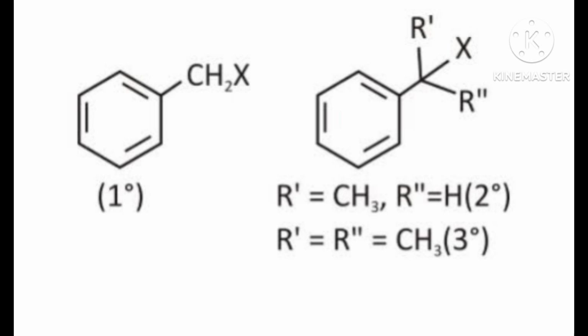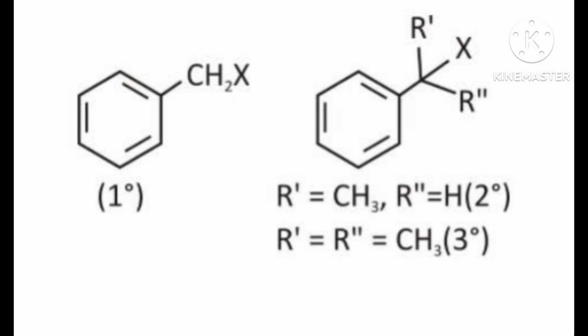And now out of these hydrogens, suppose one is replaced by halogen. Then only 2 hydrogens will remain. CH2X is formed. X is halogen, maybe fluoride, chloride, bromide, or iodide. Then this is actually called benzylic halide.